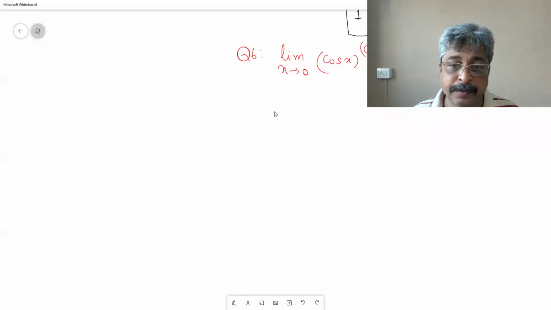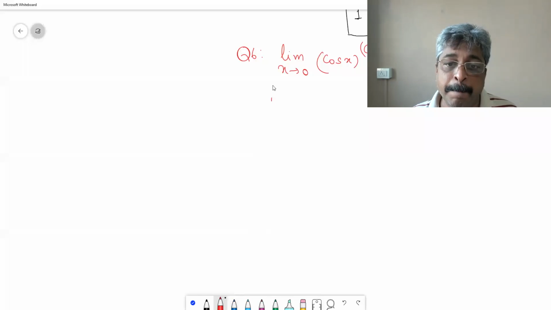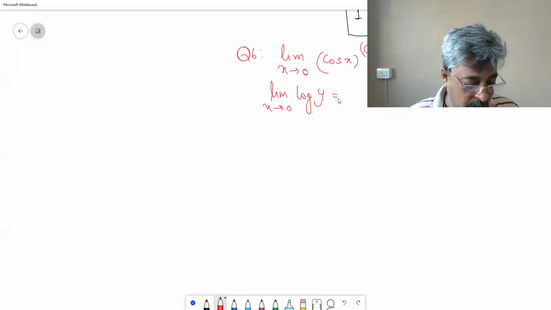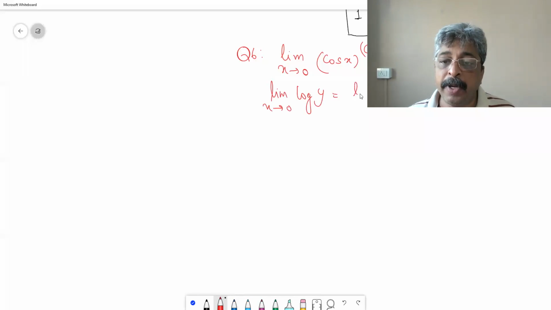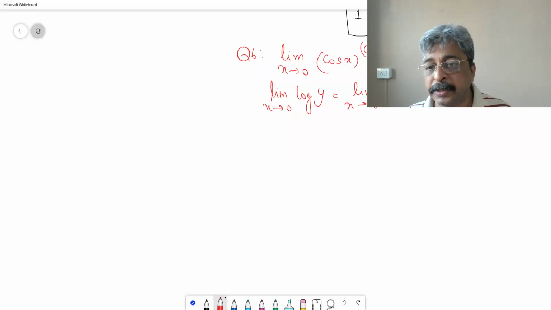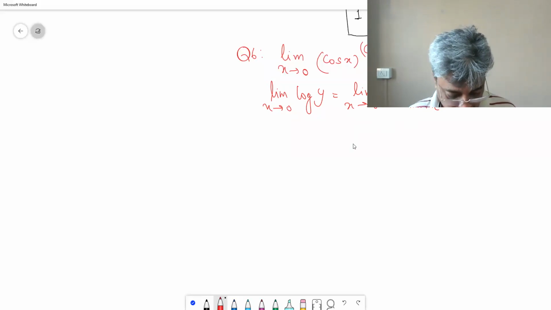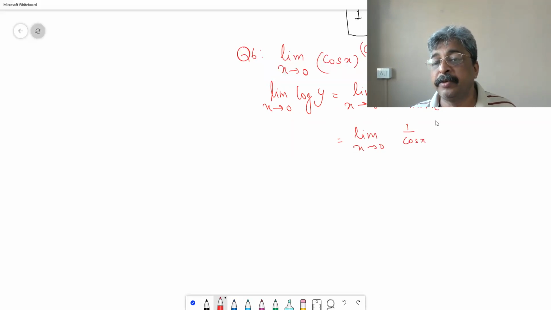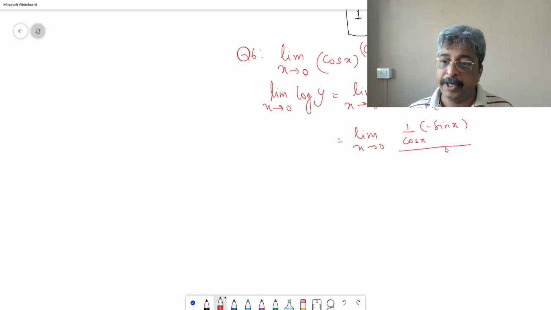Limit log y is equal to limit x tends to 0 log cos x upon tan x, which if we differentiate, we get limit x tends to 0 1 upon cos x, derivative of cos x minus sin x, whole divided by derivative of tan x, sec square x.